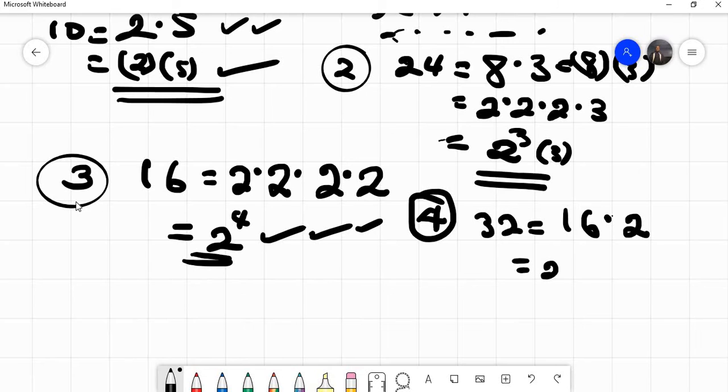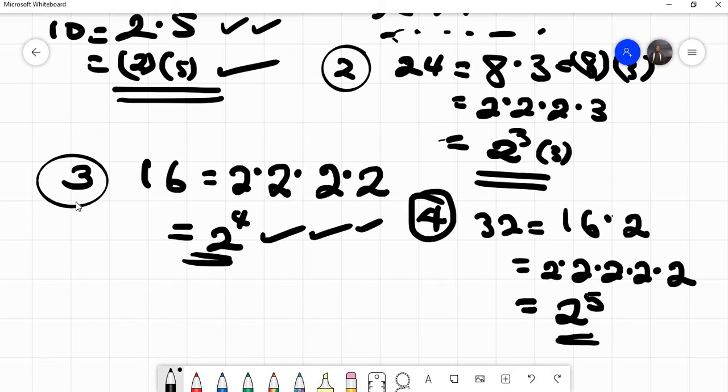So this is 2 times 2 times 2 times 2 times 2, and to write it nicely, 2 to the 5th is 32. Those are the prime factors of 32.